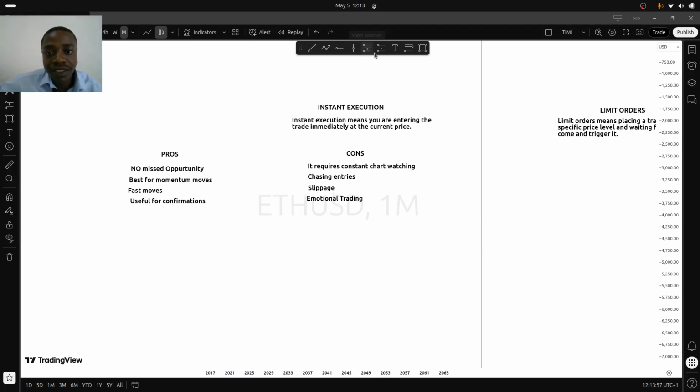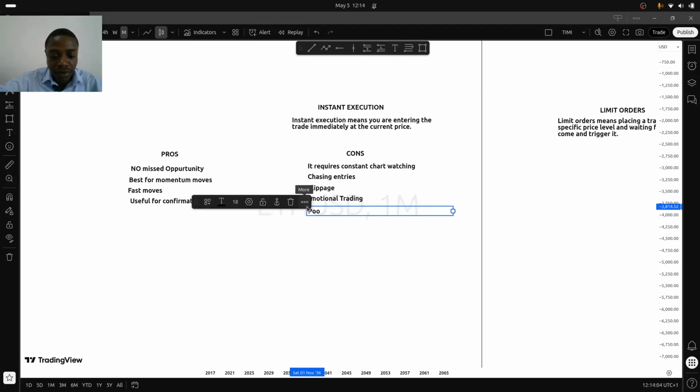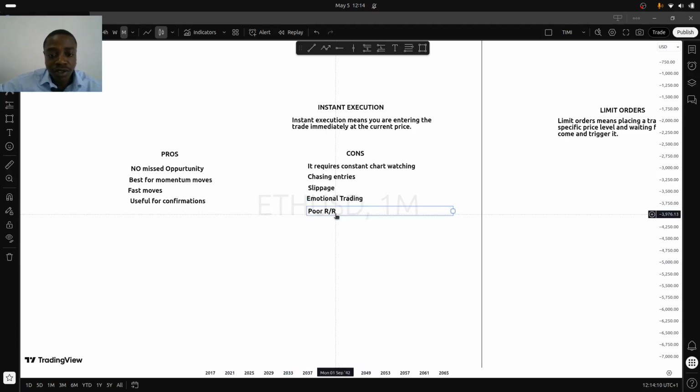Most of the time it also gives a poor risk to reward ratio. Sometimes you execute without even planning the trade, you didn't check what lot size you were supposed to use.